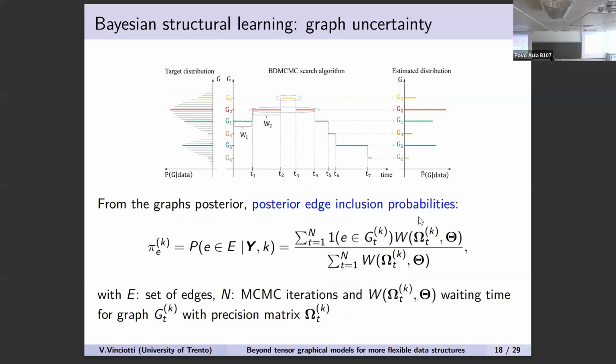Okay, so why do we do it Bayesian? Sometimes I also ask myself, typically I don't do things Bayesian. But the nice thing is that it's this huge space of graphs, right? Imagine how many graphs you can draw for 87 nodes and 13 body sites. It's a huge space. So it's unlikely that you have a nice likelihood with a nice maximum, the things that we teach in our courses.